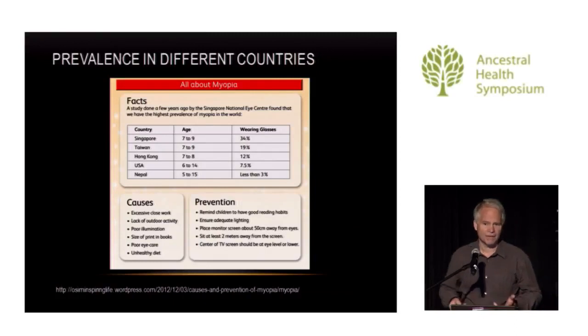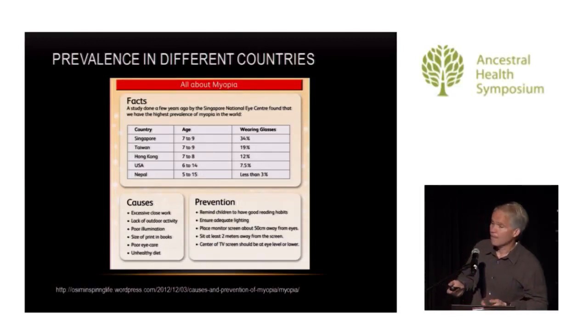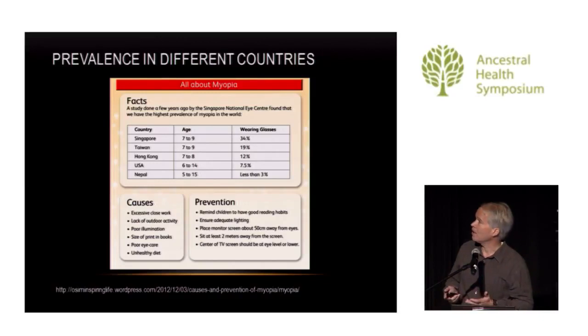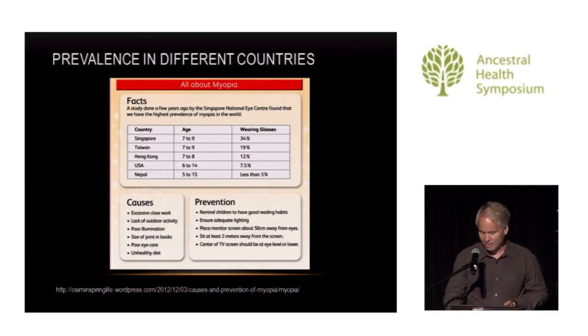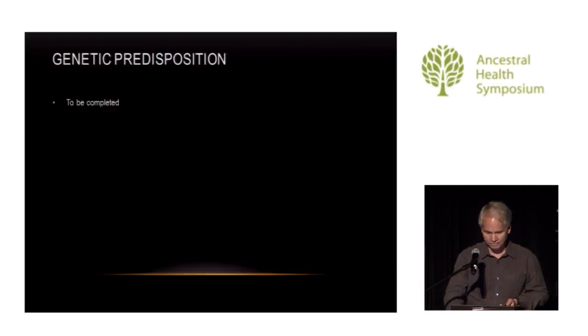And there's some geographic distribution that indicates countries where, particularly in Asia, there's more schooling. Even at young ages, like 7 to 9, we see that in Singapore, for example, 34% myopia, whereas Nepal, it's only 3%. And that compares to a modest maybe 7 or 8% in the US, again, in school children.